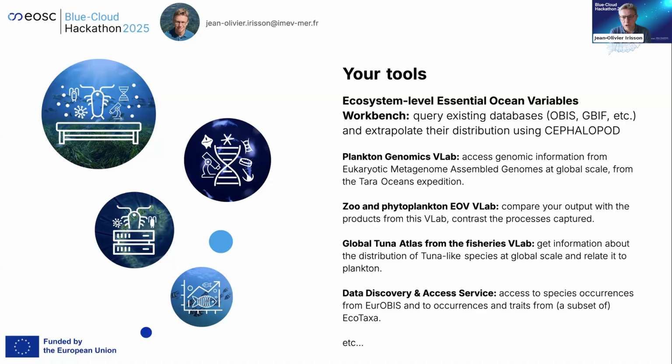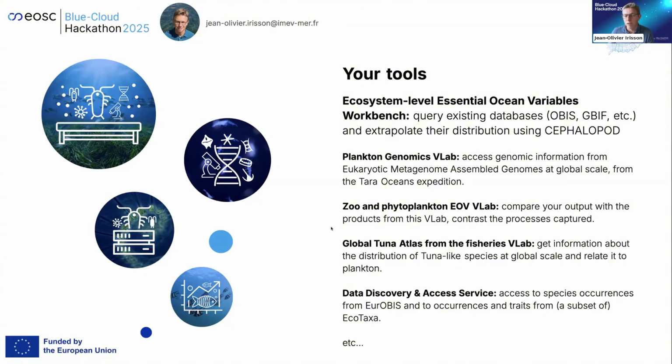Similarly, you have a great resource for fisheries in the form of the Global Tuna Atlas, for example, that can either provide data or be a benchmark to compare against. And finally, there's a wealth of point data in a data discovery and access service that you can query as a substrate, or the initial data set, for the extrapolation that you would do afterwards.